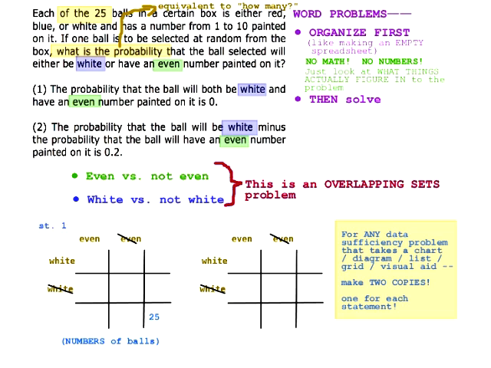This is statement 1. Okay. What's the goal? What are we trying to find in this grid?